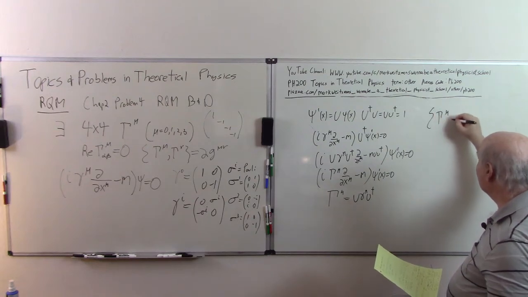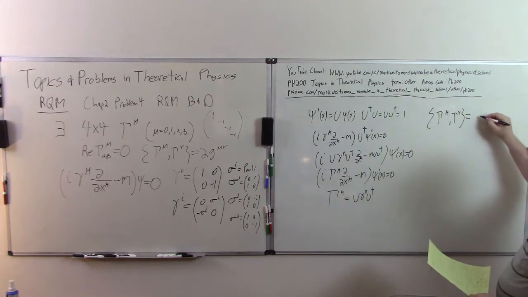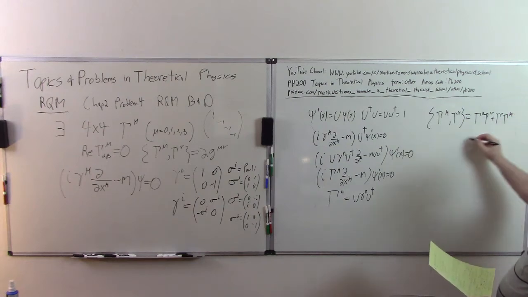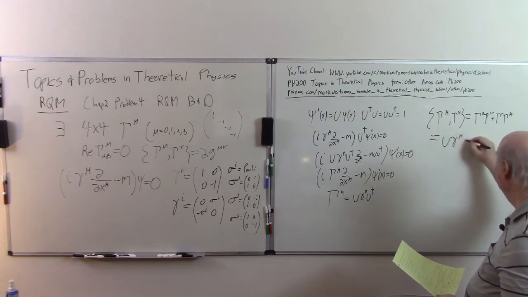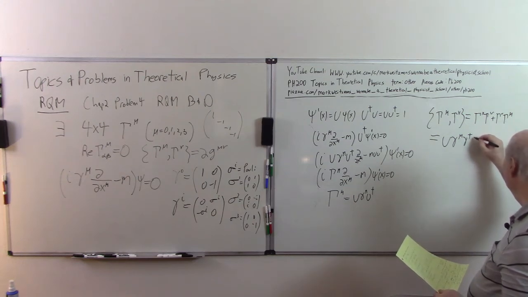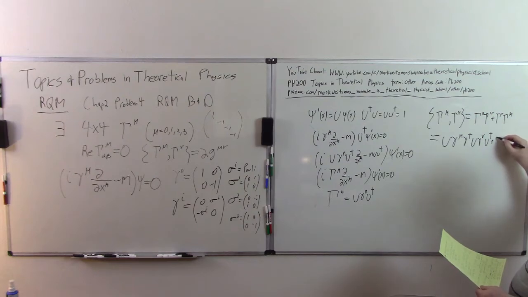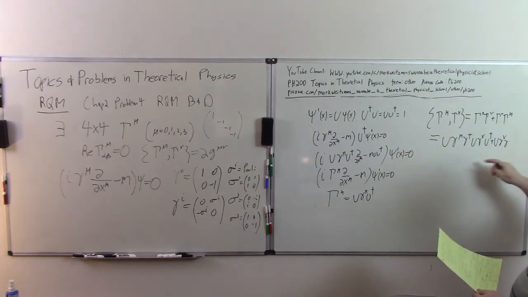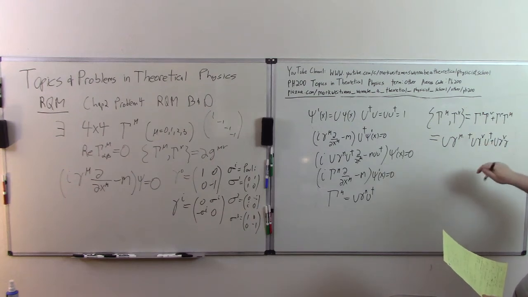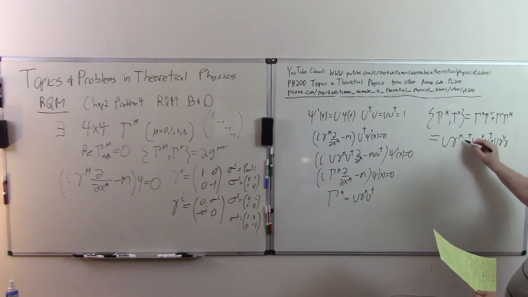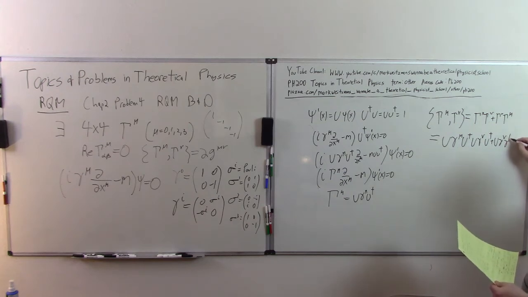The anti-commutator of γ'^μ and γ'^ν is γ'^μ γ'^ν plus γ'^ν γ'^μ, which is equal to U γ^μ U† U γ^ν U† plus U γ^ν U† U γ^μ U†.